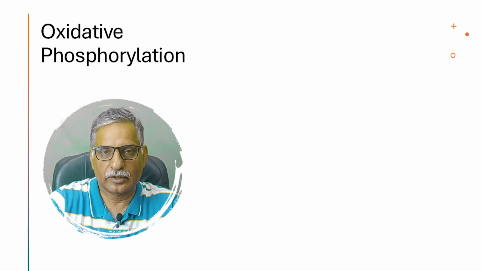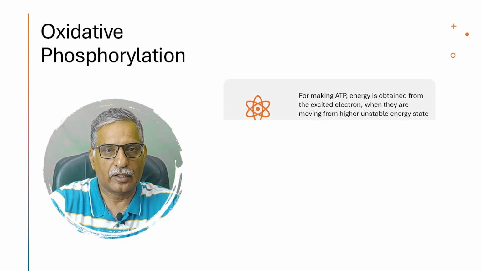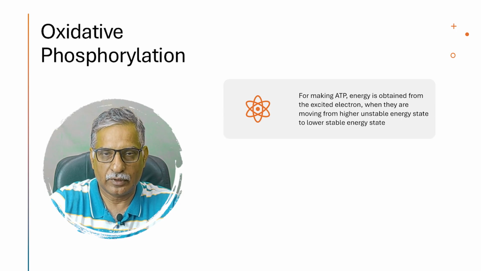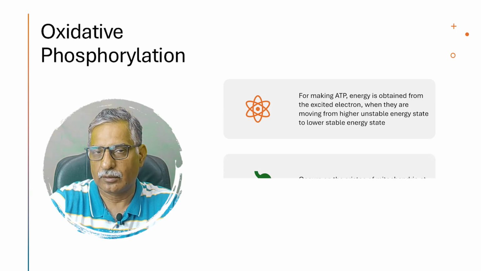In this phosphorylation process, the energy for ATP synthesis comes from the electrons. Highly excited electrons with a higher energy level and unstable state are allowed to pass through the electron transport chain, undergoing a series of redox reactions.